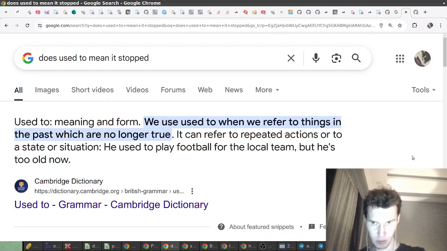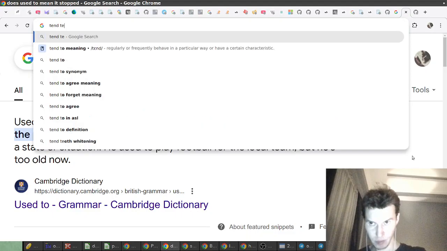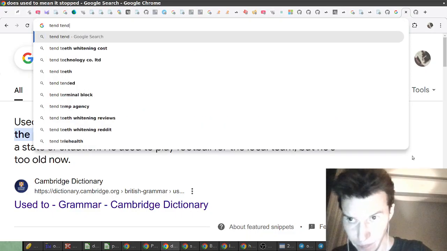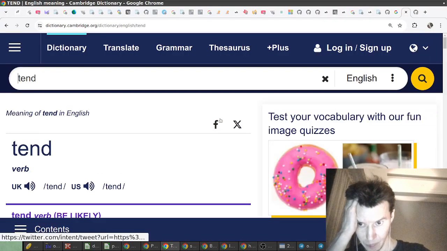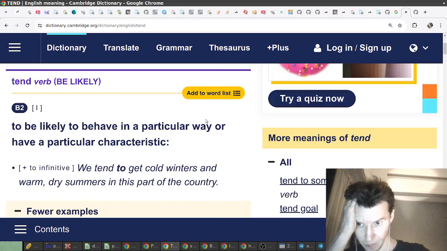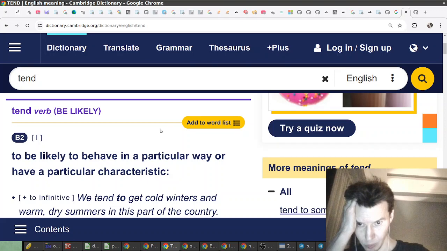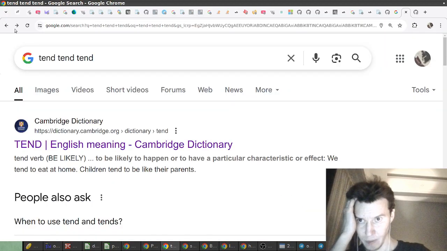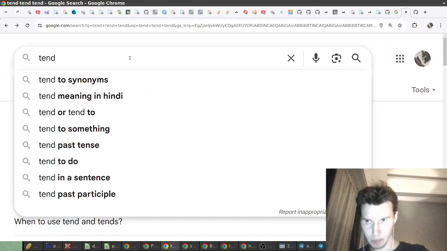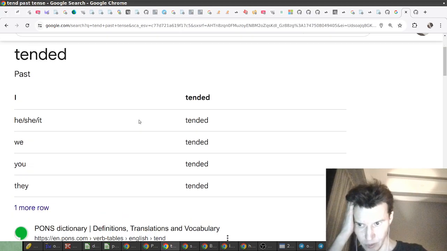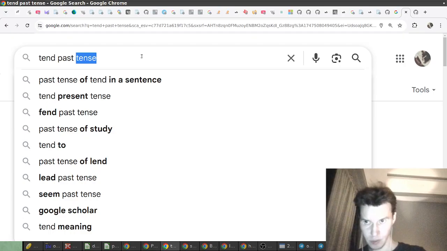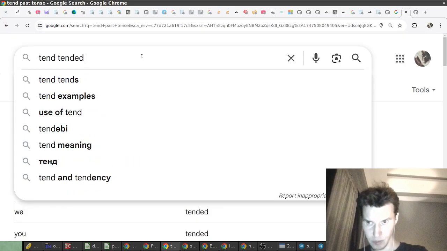I don't know, tended, maybe tend. To be likely to behave in a particular way or have a particular characteristic. Tend, need past tense. Tended, yes. Tended, so it's tended, yes.